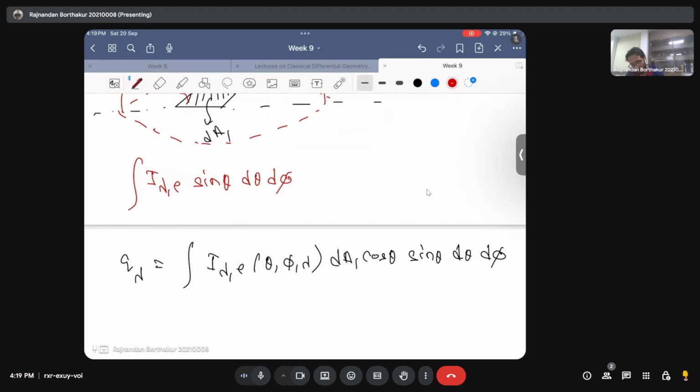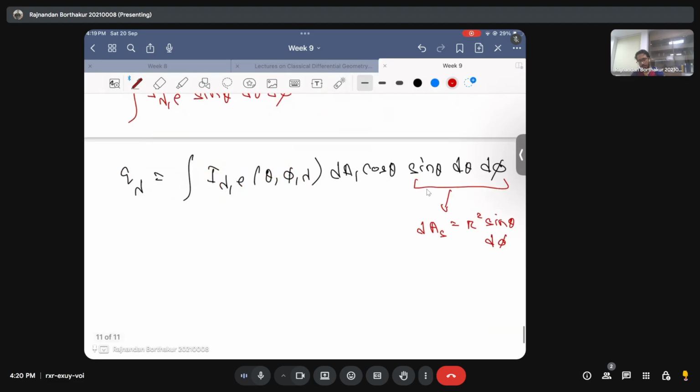Now you can think about why we are defining this sine theta d theta d phi. This is nothing but the elemental solid angle. If you consider a hemisphere, the elemental area of that sphere comes out to be r square sine theta d theta d phi.